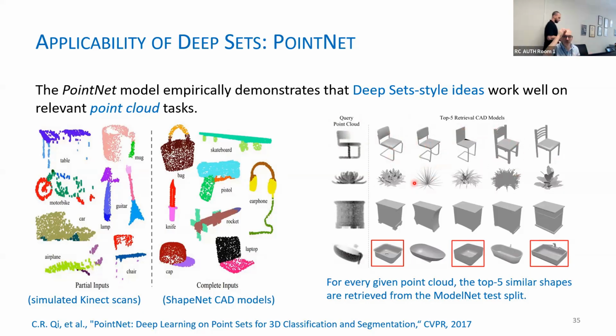Of course, these are two different tasks, because the segmentation one is a local problem, as we have seen for deep sets. It is a problem that tries to provide an output for every point, and on the right, instead, we would like to have a global result. We would like to classify the overall shape.